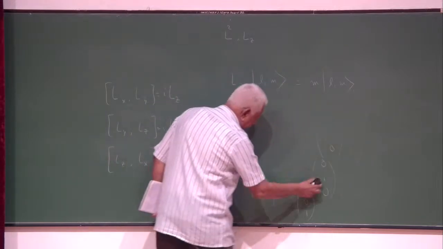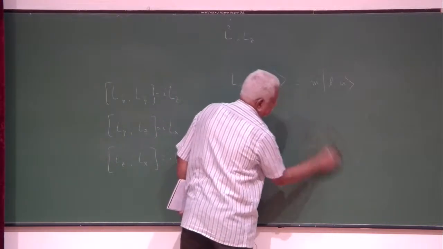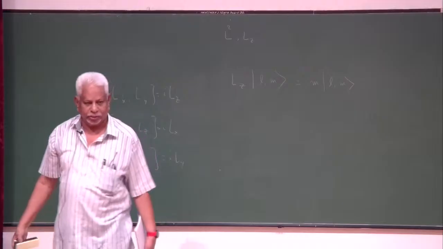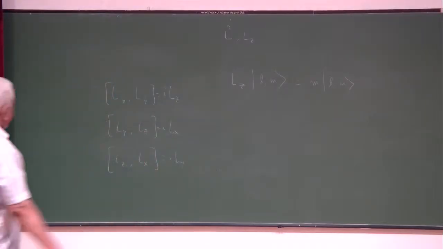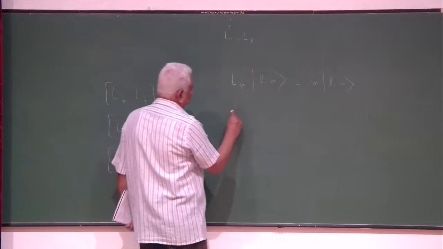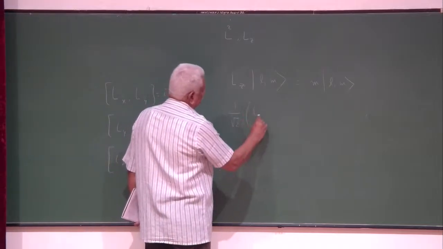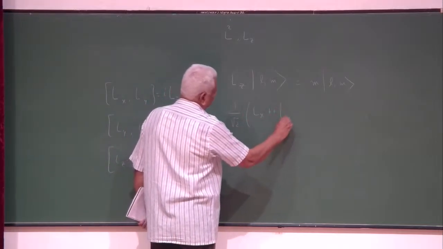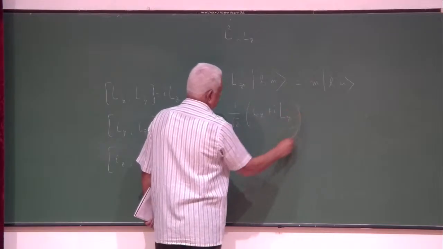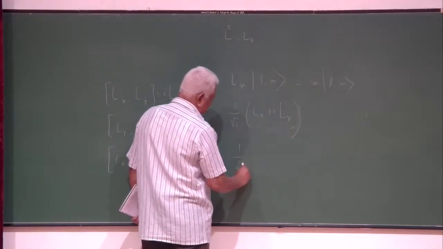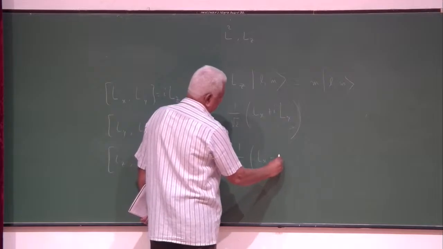You did earlier the harmonic oscillator, where you have the ladder operators A dagger and A. Similarly, I will have ladder operators, which are 1 by root 2 (Lx plus i Ly) and 1 by root 2 (Lx minus i Ly).